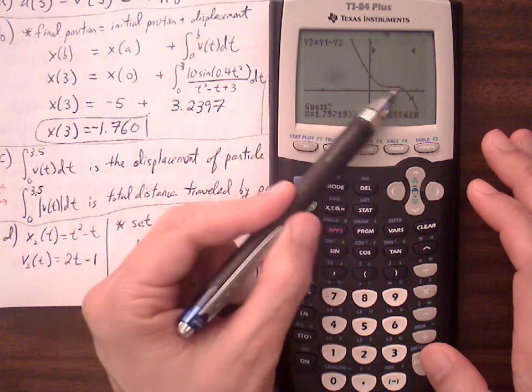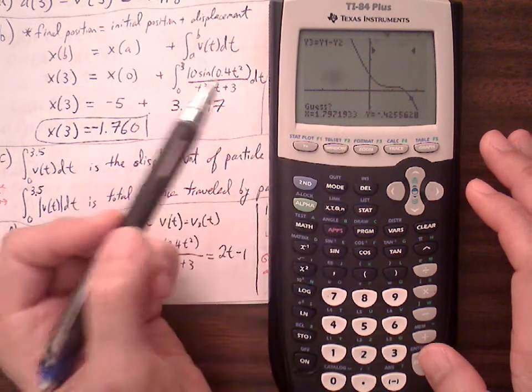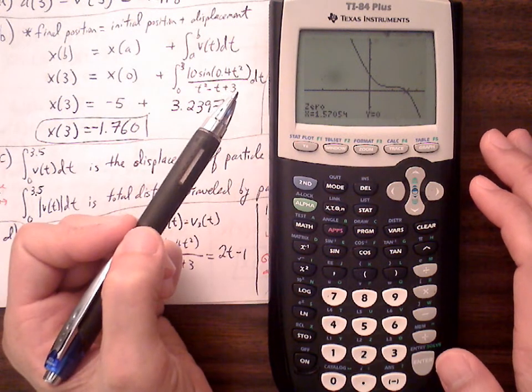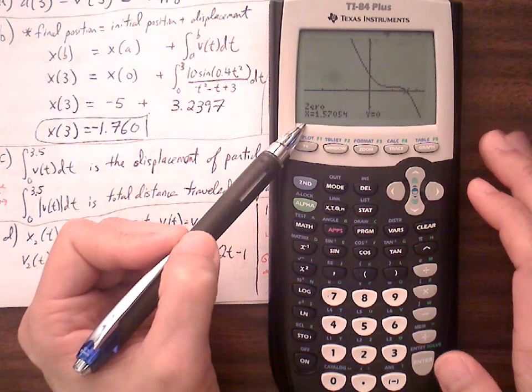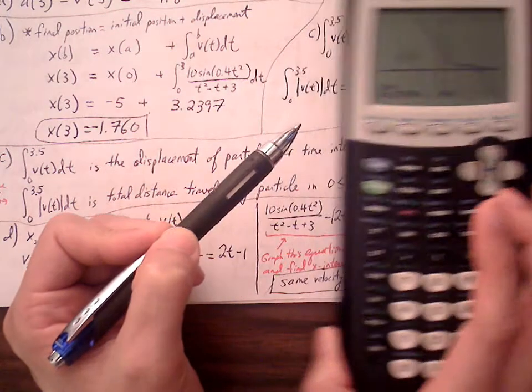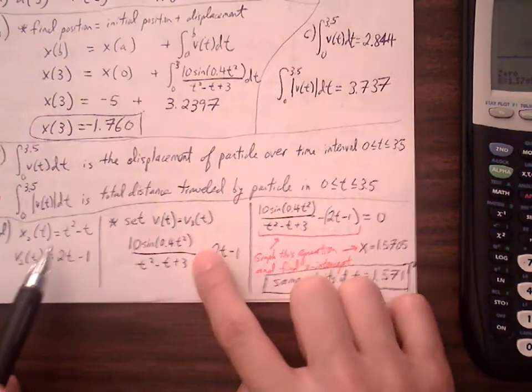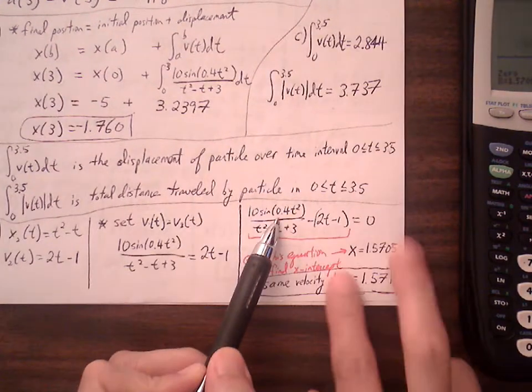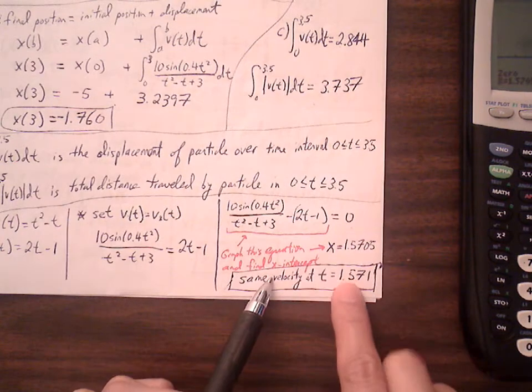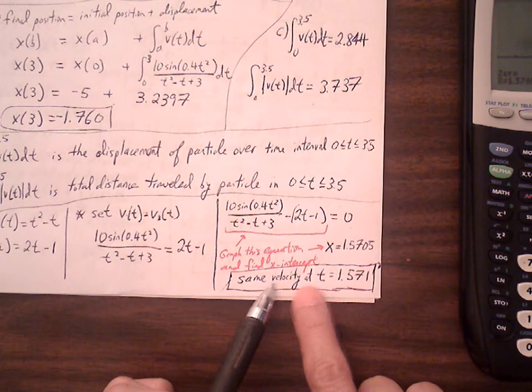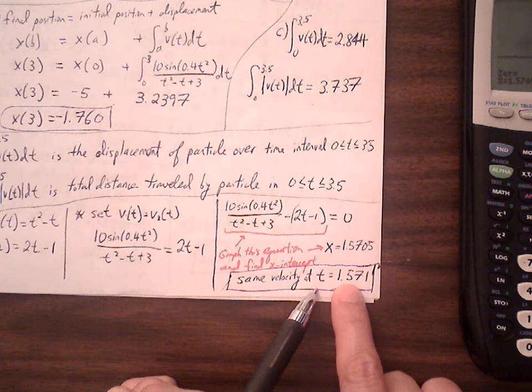And now the calculator knows to look between these 2 points, hit enter a third time, and it'll find that x value, 1.57. So that means at time t equals 1.57, these two particles will achieve the same velocity. It's not asking for that velocity, we just have to know what time they are equivalent.